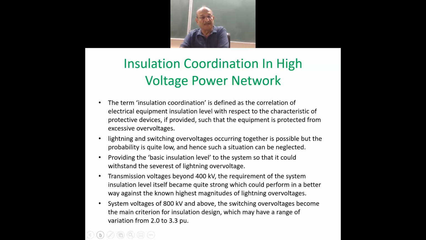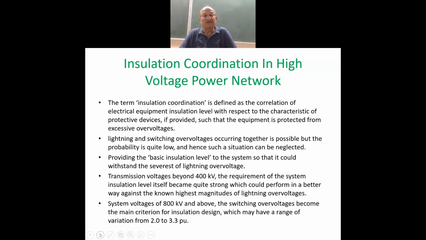Now we have learned that there are ground wires, horn gaps, and lightning arresters installed in the network. What is the role of all these? It is to protect from both types of transient overvoltages, those produced by lightning as well as by switching impulse.